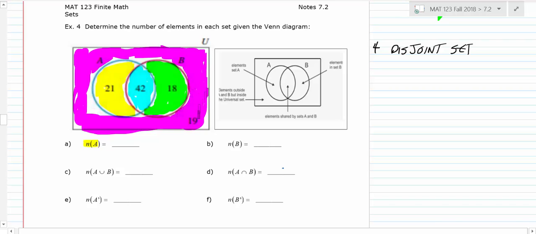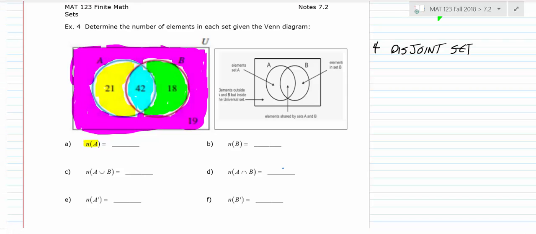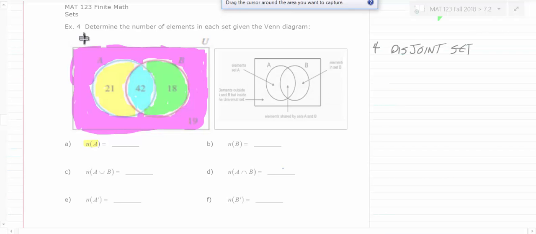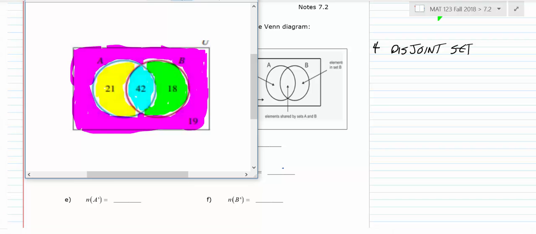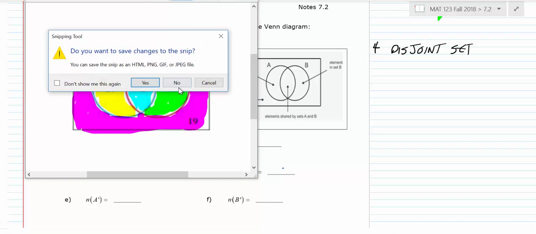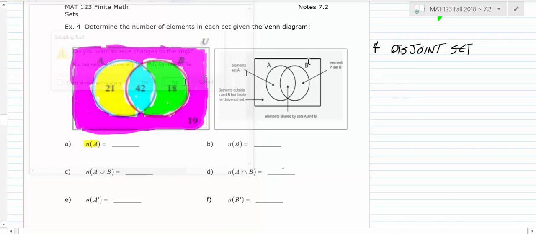Then I'm going to make a copy of this. I'm going to make a little snapshot of this and put it at the side here. So that's the Venn diagram, and that's what those 4 disjoint sets mean.